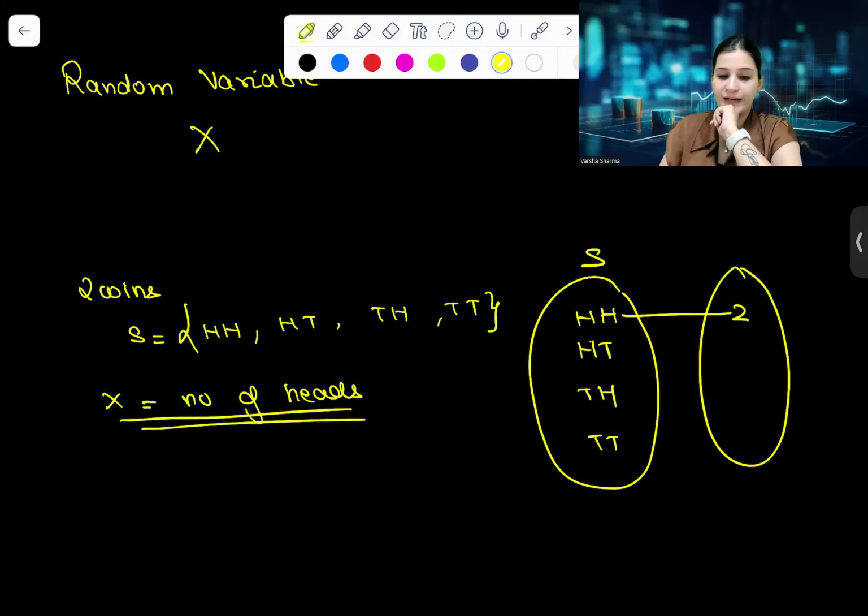HTT, two. TTT, 3. THT, 2. TTH, 2. THH, 1. So what are the possible values of X we can see? 0, 1, 2, and 3. Only these 4 values. Now write their corresponding probabilities, all of you.